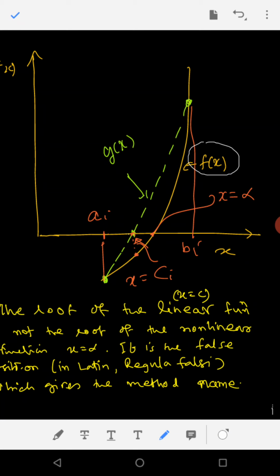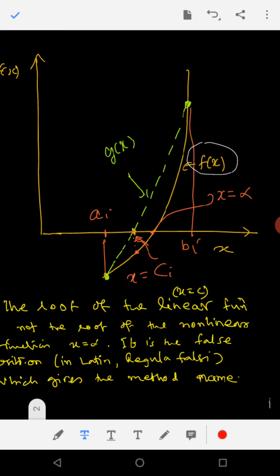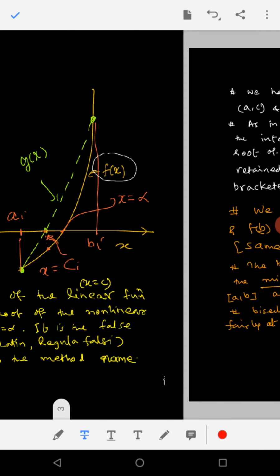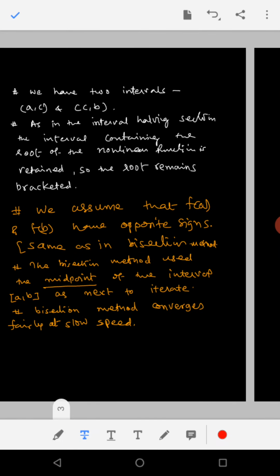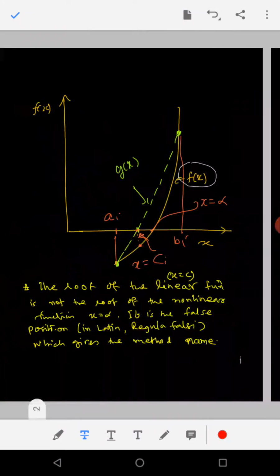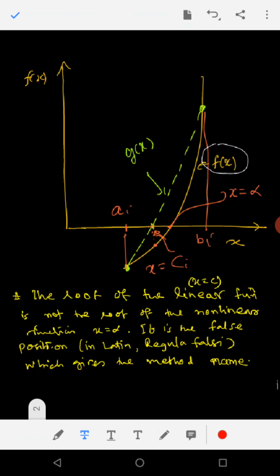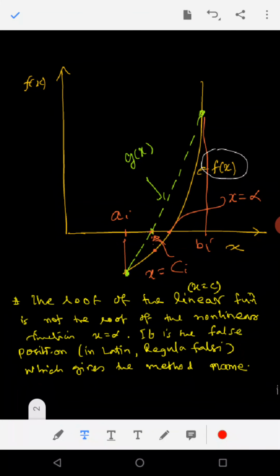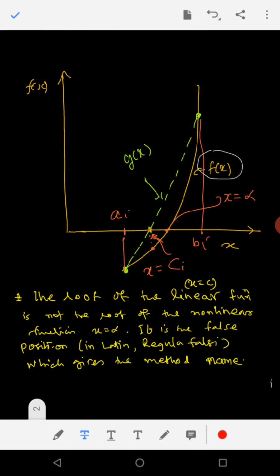Solving for this interval is not necessarily the solution of the non-linear equation, but it is definitely going to help us find a root which is near to the actual root of the interval, which is here at x equal to alpha.